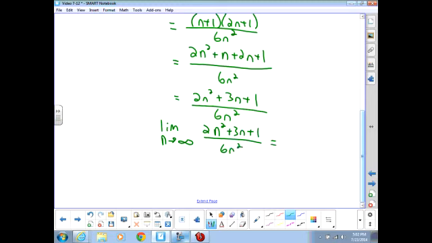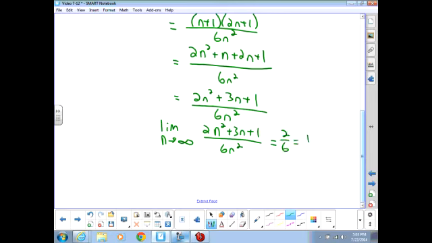Well, the easy way to evaluate this is, remember, when you approach infinity, that's like looking at a horizontal asymptote. Horizontal asymptotes are what happens when you go to the far right or far left. In this case, it's to the far right. Well, you saw in pre-calc and we saw in our graphing unit, horizontal asymptote of a rational function, when the degrees are the same, just look at the leading coefficients.